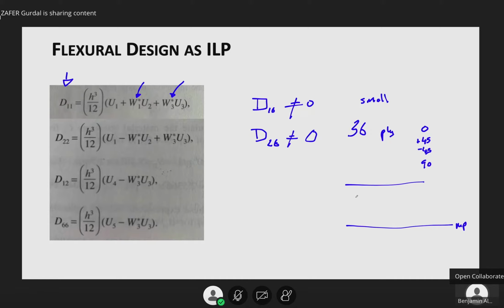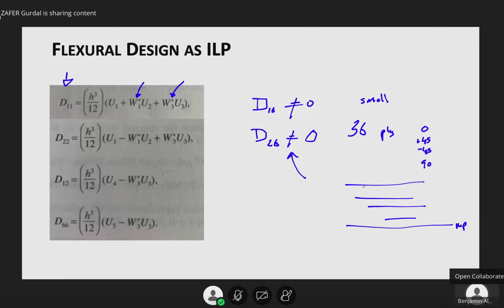If I lump all the zeros together, all the 90s together, all the 45s and minus 45s together, these terms grow. And the assumption that you make regarding them being negligible no longer holds.